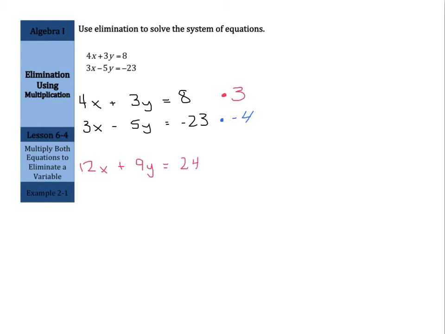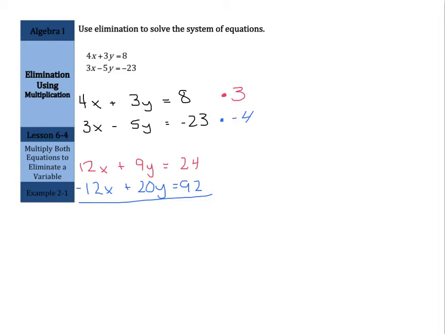When I multiply each term by -4, 3 times -4 is -12x plus 20y, since a negative times a negative is positive, equals a positive 92, as -23 times -4 is 92.